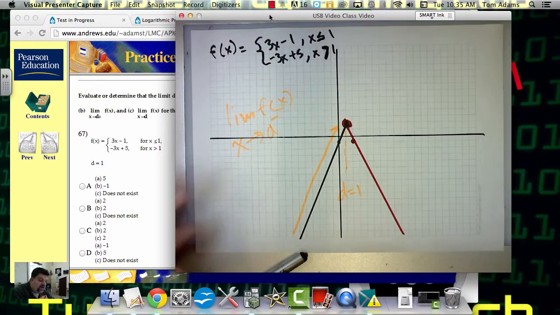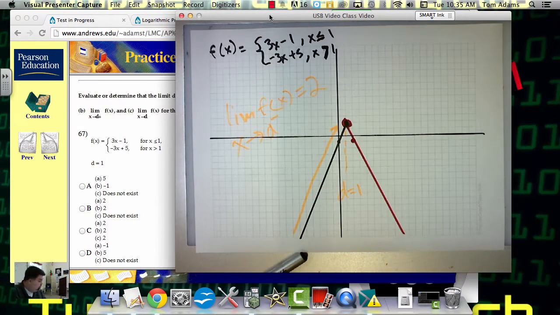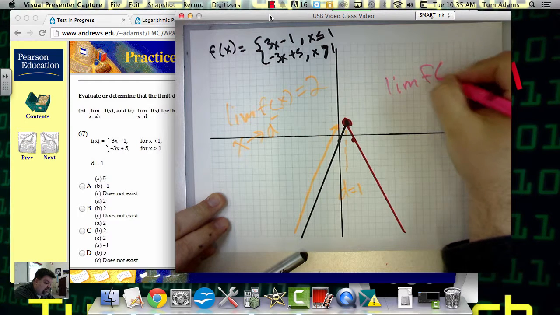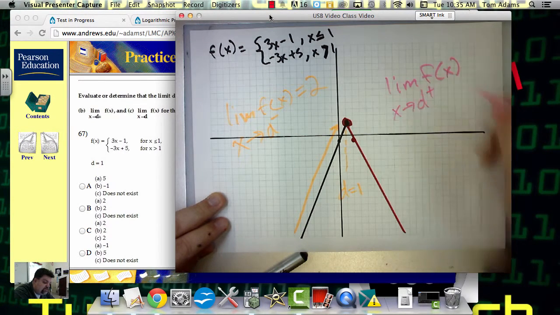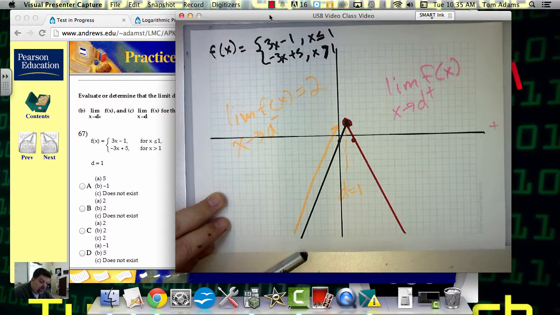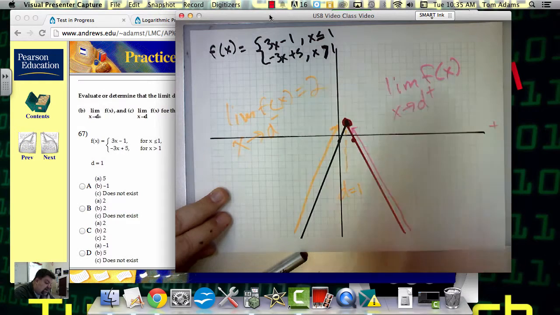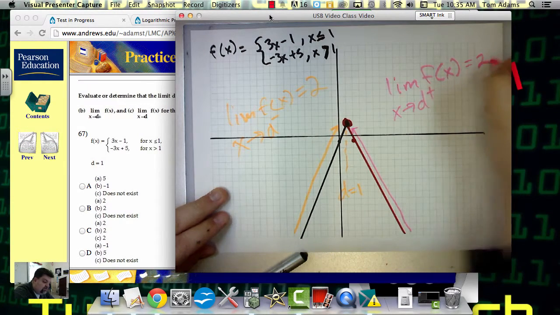What is the y value as we approach that? 2. Then the next thing they're asking is what is the limit of f of x as x approaches d from positive infinity, from this direction. As I get closer and closer to x equals 1, what does that approach? 2.